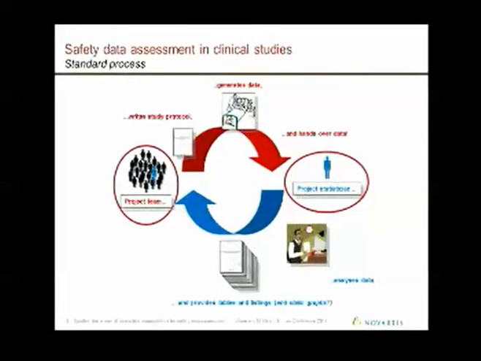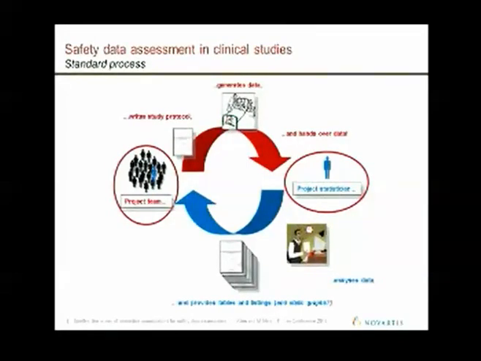And at this point in time, the project team, for the first time, has a chance to see their data. So this is the time when they can start looking at safety signals, start interpreting safety findings, and they may find some interesting stuff in there.